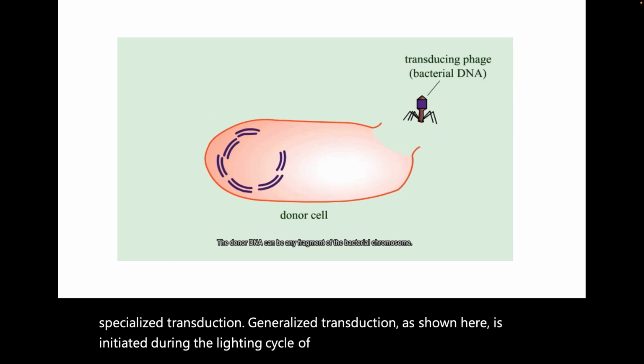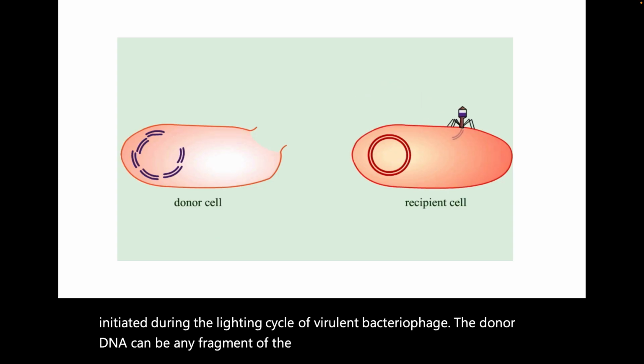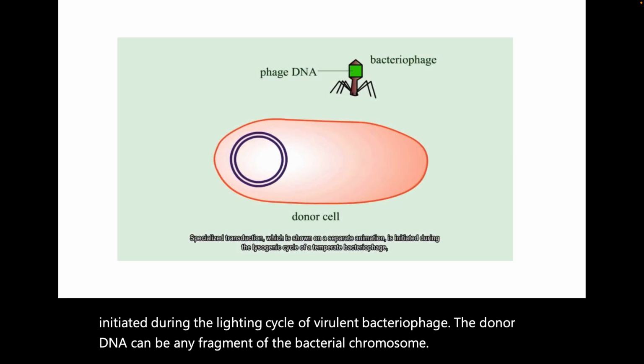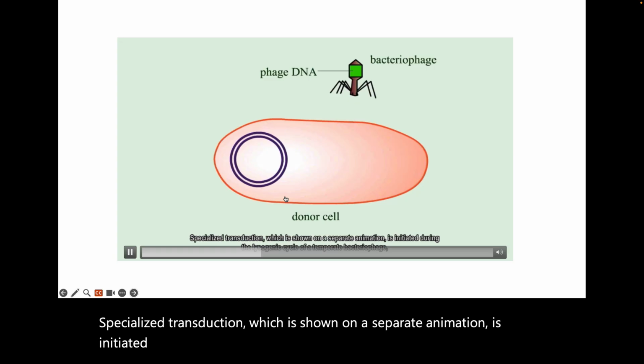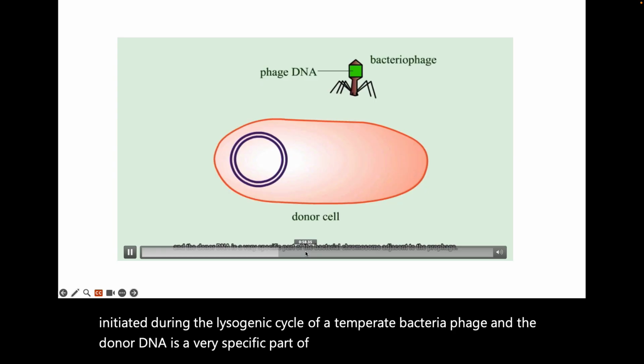The donor DNA can be any fragment of the bacterial chromosome. Specialized transduction, which is shown on a separate animation, is initiated during the lysogenic cycle of a temperate bacteriophage, and the donor DNA is a very specific part of the bacterial chromosome adjacent to the prophage.